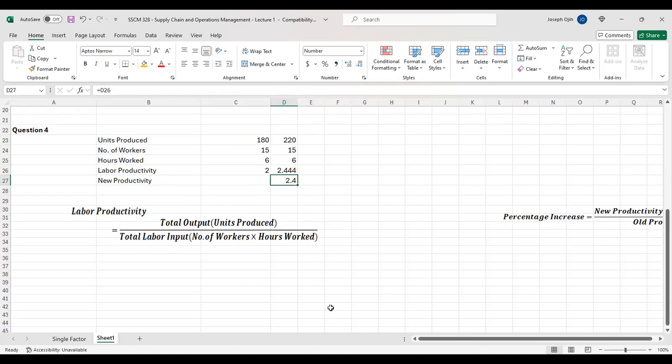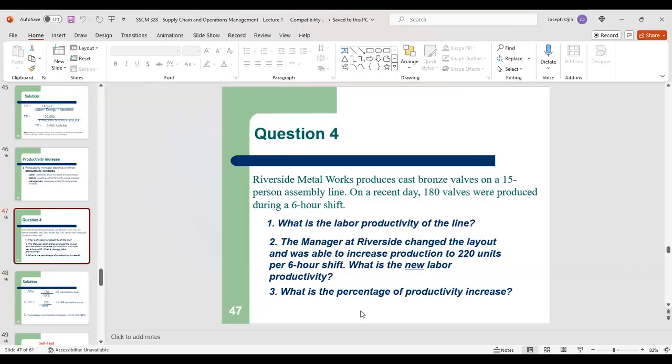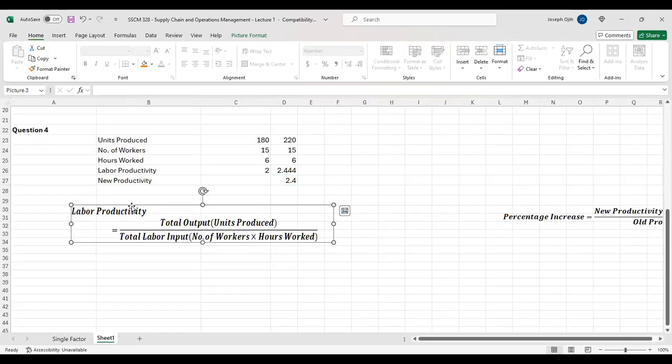Now, the question says, what is the percentage of productivity increase? To do that, we use this formula here. I'm going to remove this so I can put it down in one.